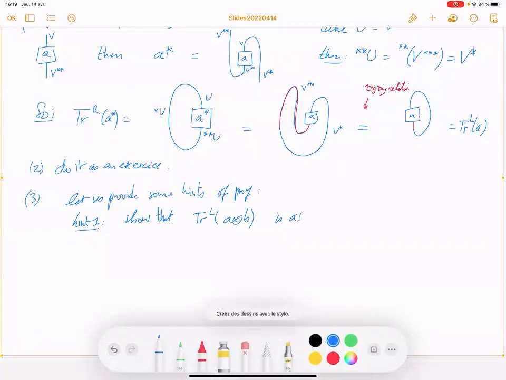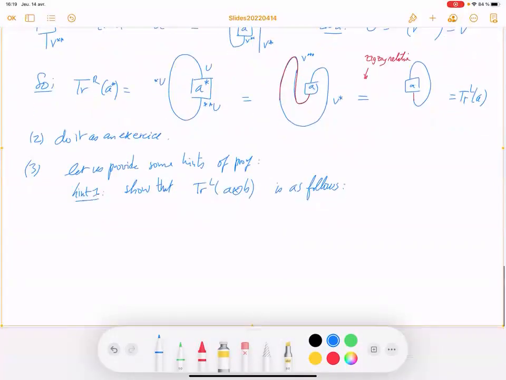So you have the trace of A tensor B. You should show that this is equal to the following. You start from 1 and you apply the co-evaluation map of V. And then you get V tensor V star. And then you put a 1 in the middle.